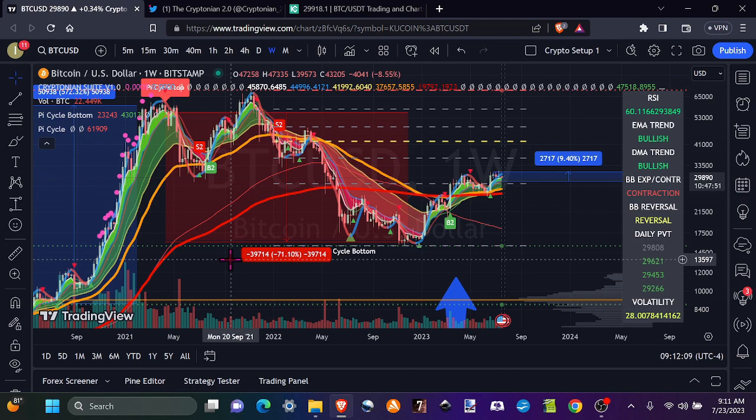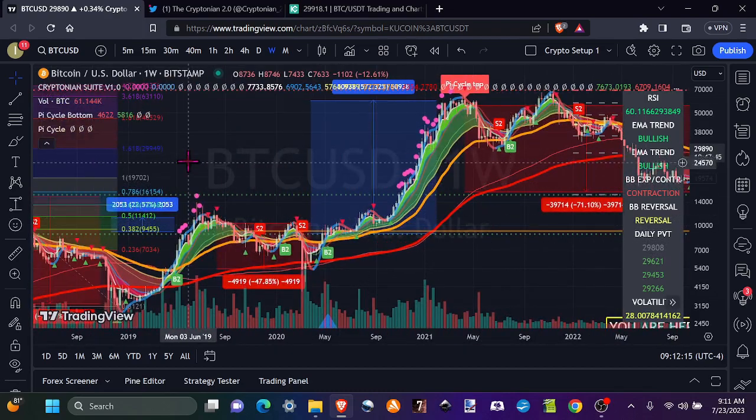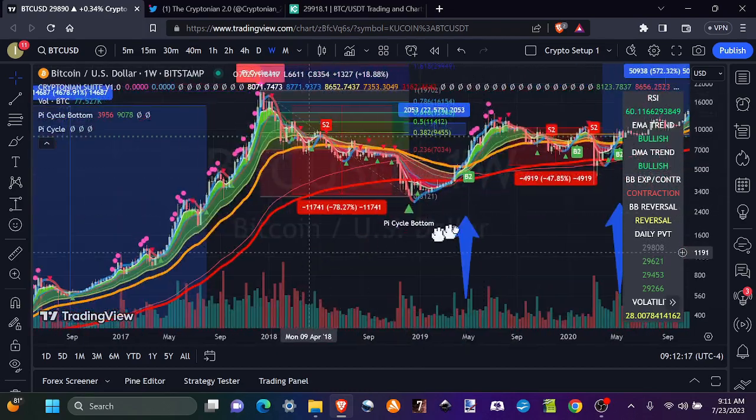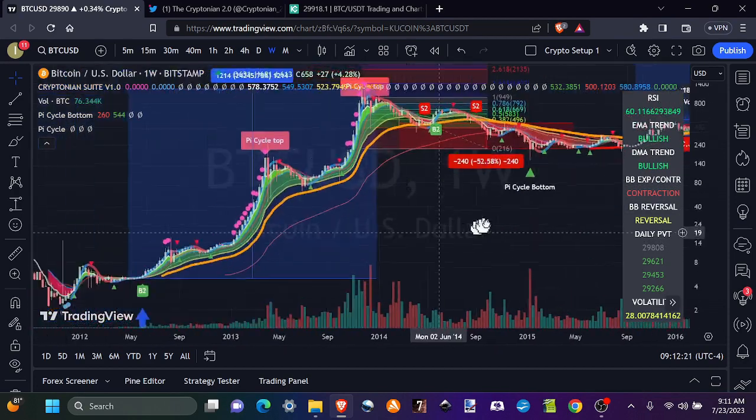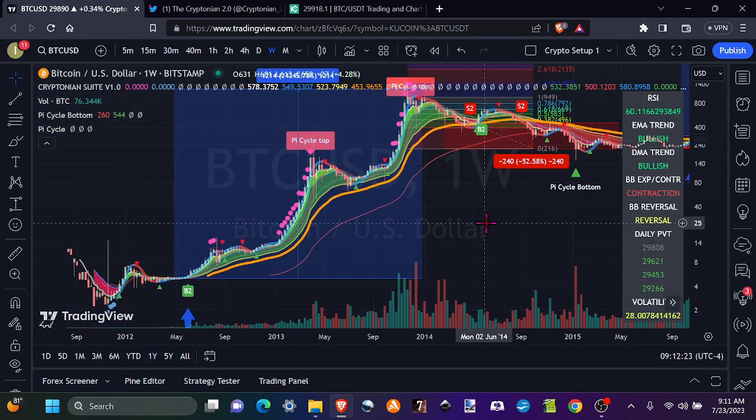And so basically, when you take a look at the entire history, okay, you can see pi cycle tops and pi cycle bottoms, right? And so we're using the pi cycle top and bottom indicators. These indicators are pretty accurate, more or less, right? So no need to reinvent anything there.